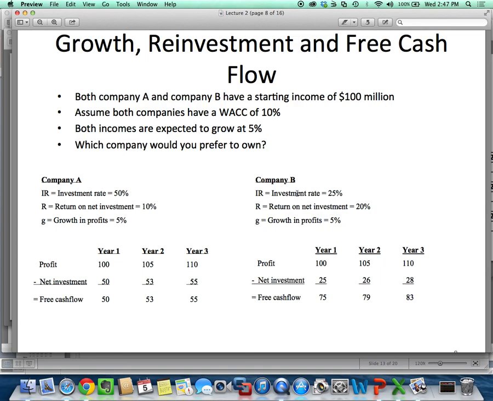Now, the reason I keep using the words in theory is because accounting gets in the way. Companies make adjustments to their earnings all the time. Companies make adjustments to their equity all the time. And that will distort the earnings per share growth rate. So the problem with PEG is that in theory, it's the cleanest ratio for explaining ROIC, assuming that I don't have dirty earnings.